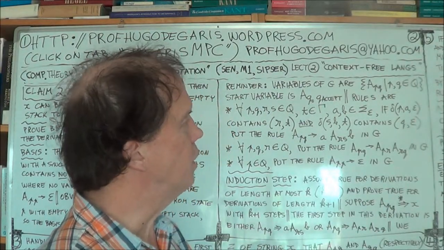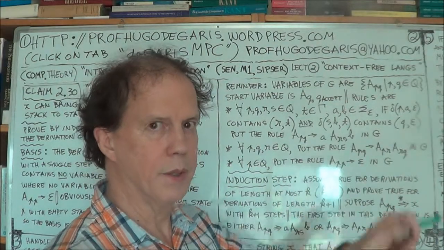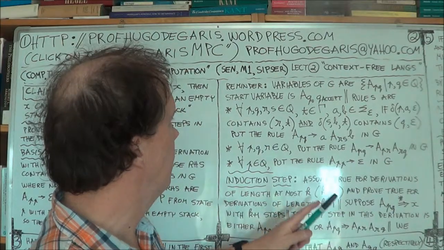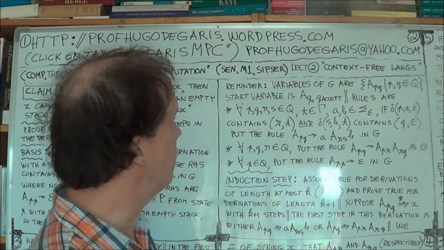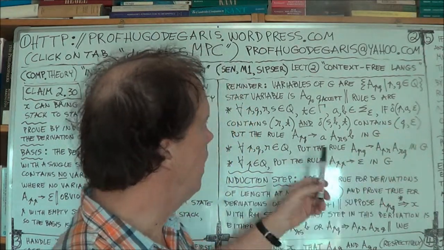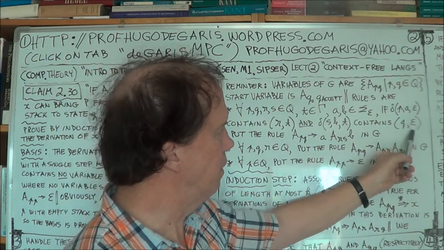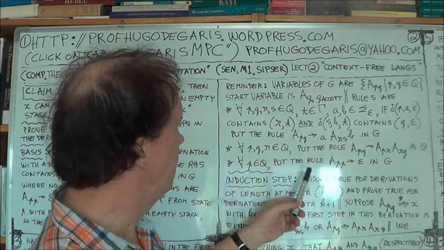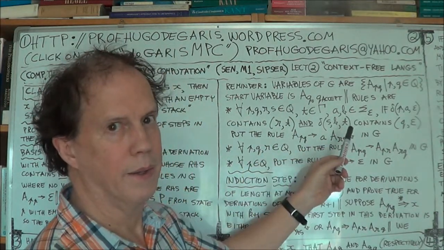Now, non-deterministic PDAs, their transition functions output a set of ordered pairs. So that set will contain members. If one of the members is this one for that transition rule, and another ordered pair is a member of this transition rule, then add this rule to your grammar.